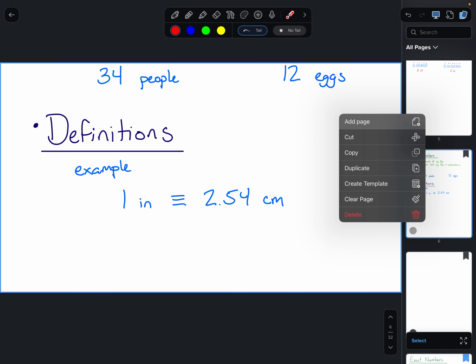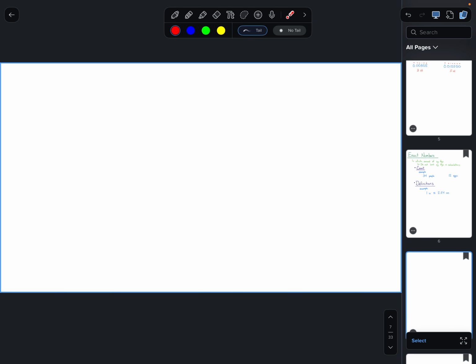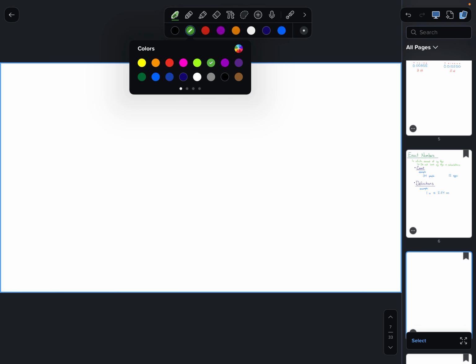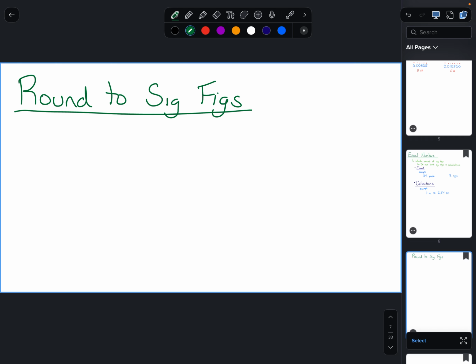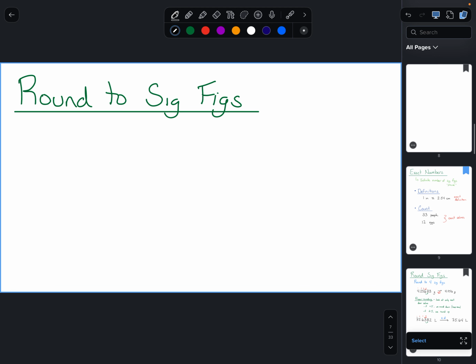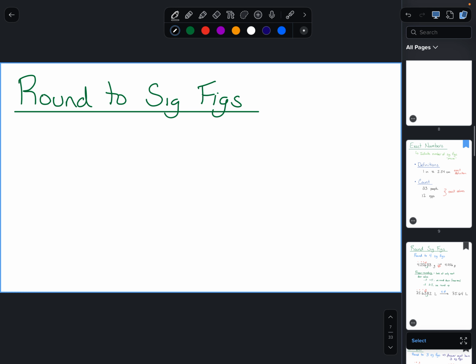Okay. Cool, so we got our counting of sig figs down. The next skill that we need is to learn how to round numbers to a certain number of sig figs. Okay? So how do we round to a correct number of sig figs?